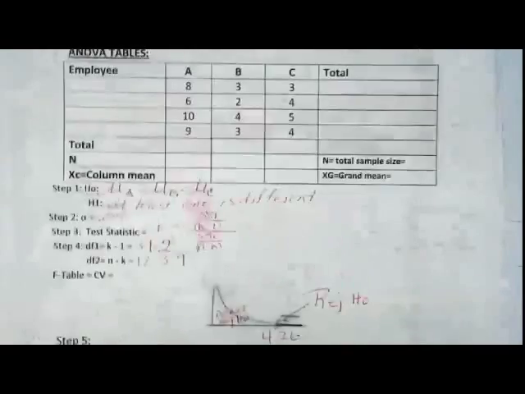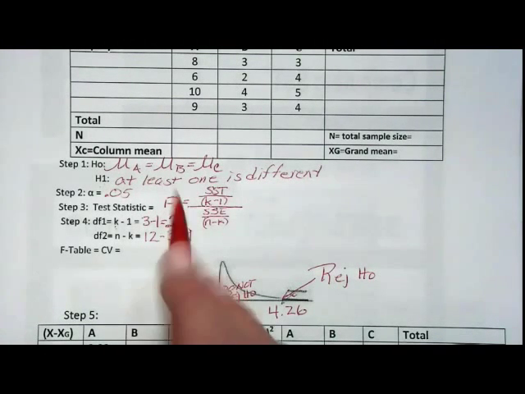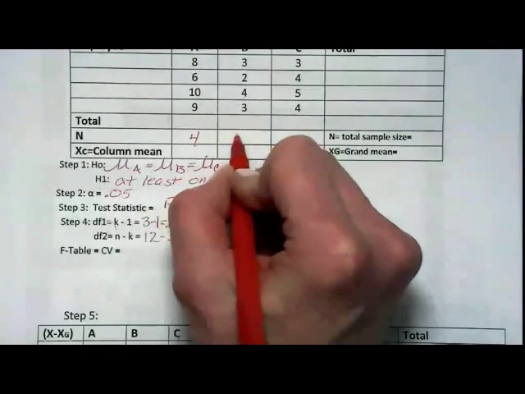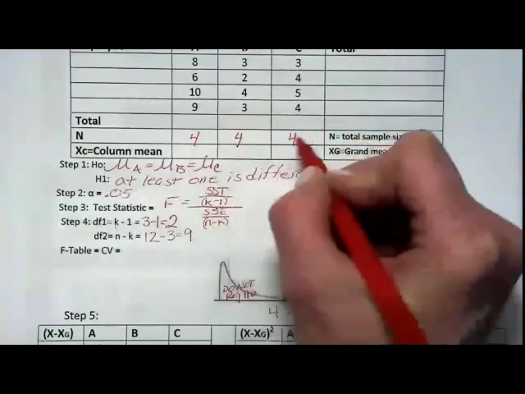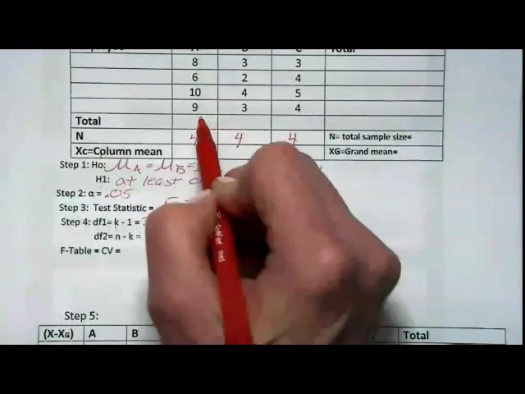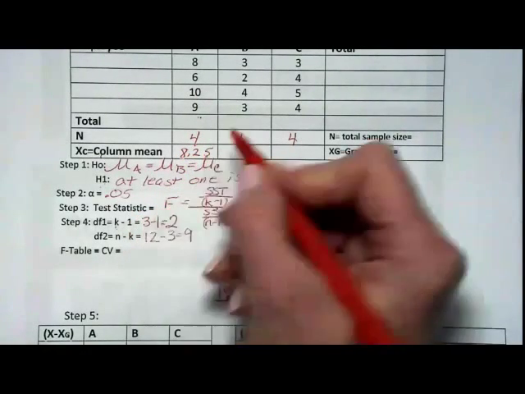But first of all, we look at our data. And in our data, we do some totals here. We calculate our sample size, 4, 4, 4. We calculate a column mean, a column average. And in this case, it's 8.25.